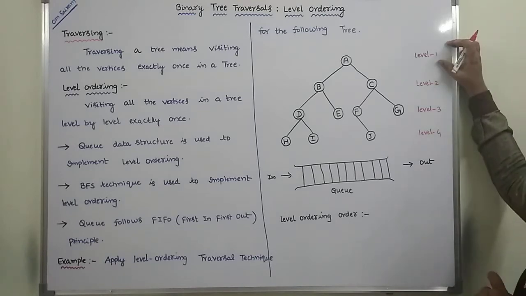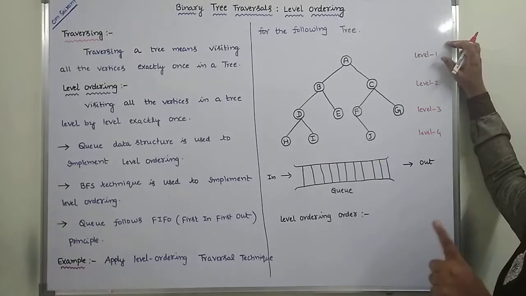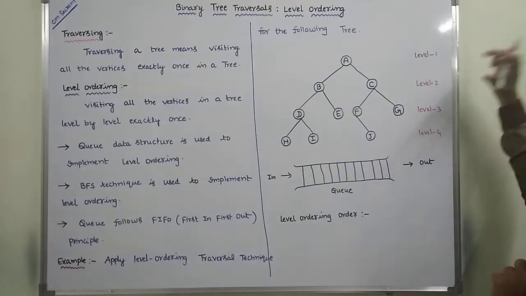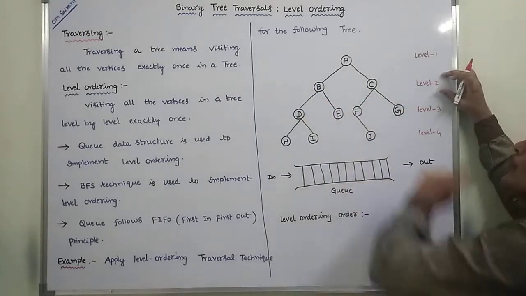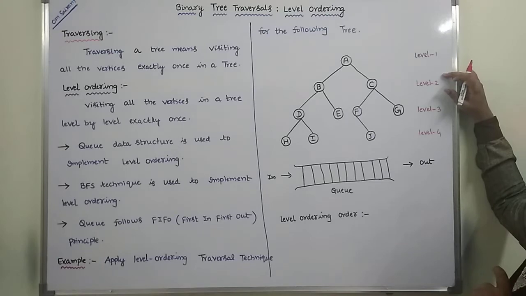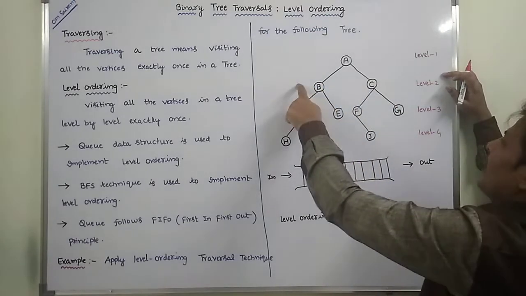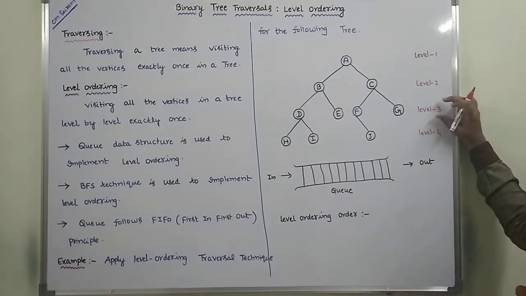Visiting all the vertices in a tree level by level: the first level contains only a single node, the root node A. First visit the root node A. Next go to the second level. In the second level there are 2 vertices, so visit vertex B and vertex C. Next go to the third level.